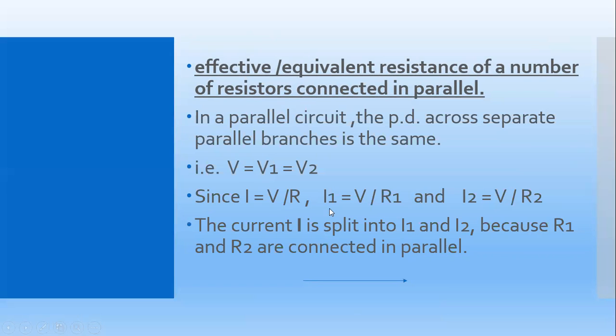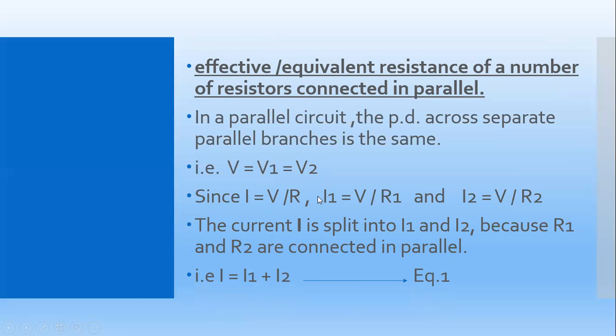In series, V is V1 plus V2 and the current I is the same. But in parallel, the potential difference is the same and the current is split. The current is the sum of the branch currents: I is equal to I1 plus I2. This is equation number 1. Now put the values of I1 and I2.